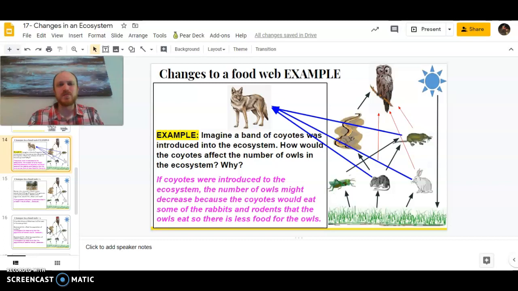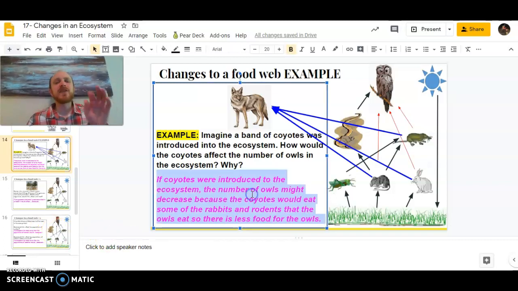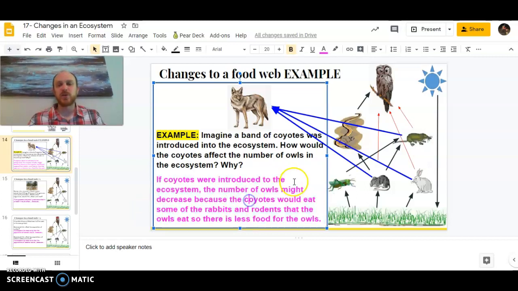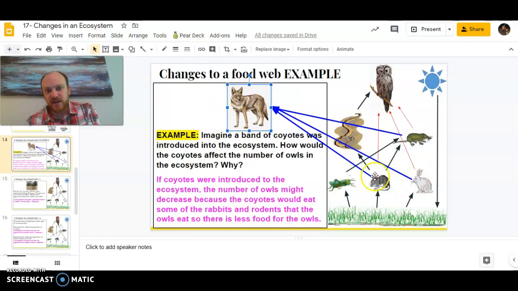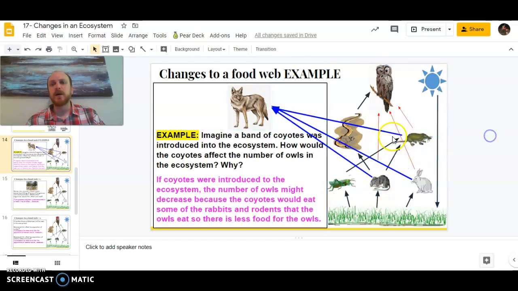And here's how. Here's my example. If coyotes were introduced to the ecosystem, the number of owls might decrease because the coyotes would eat some of the rabbits and the other rodents that the owls eat, so there's less food for the owl. So I tried to show that in the arrows. The coyote now is here, and these big blue arrows show they're eating all these rabbits, maybe a mouse, and maybe a shrew or something.